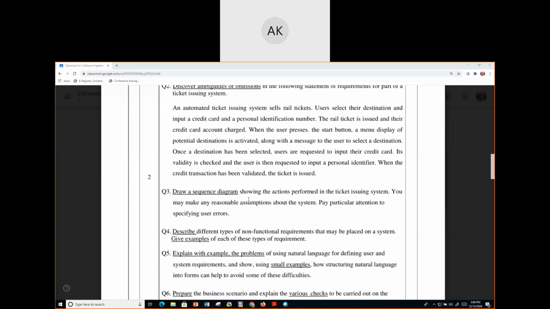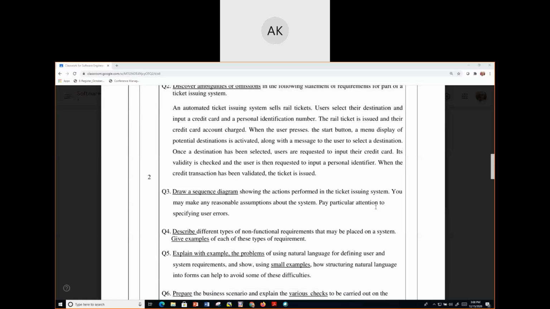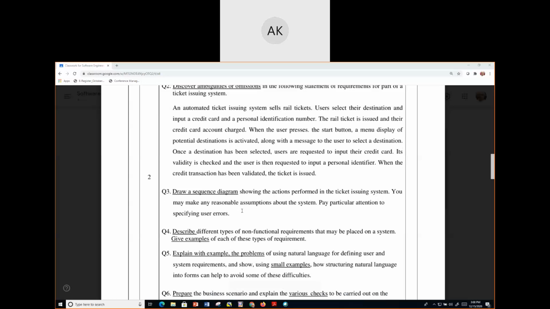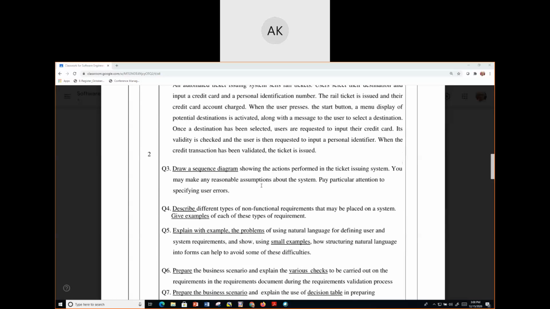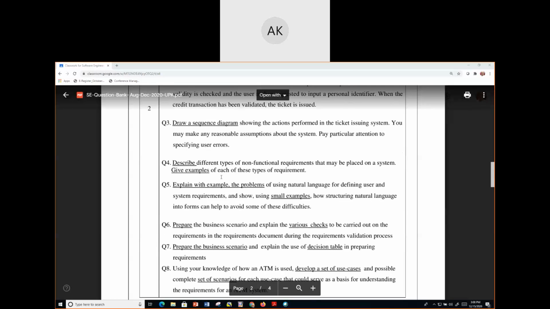So look at that. The sequence diagram showing the actions performed in the ticket issuing system. You may make any reasonable assumption about the system. Pay particular attention to specifying user errors. You have to visualize what all can go wrong in a ticket issuing system. Describe different types of non-functional requirements that may be placed on the system.